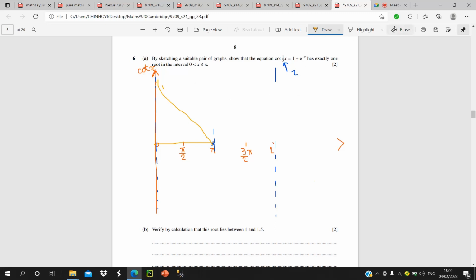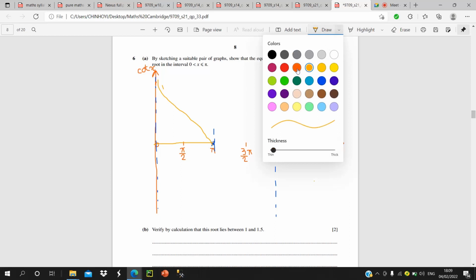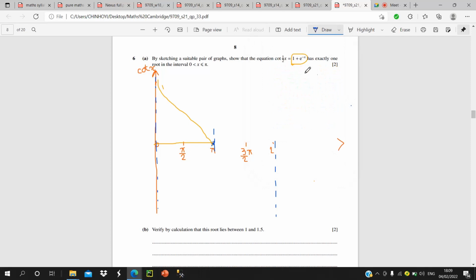Next we want to sketch the graph of e to the power of minus x. Then we are going to shift it 1 unit upwards, because this one is a translation of the graph of e to the power of minus x by 1 unit upwards. Originally the graph of e to the power of minus x cuts at 1, right?